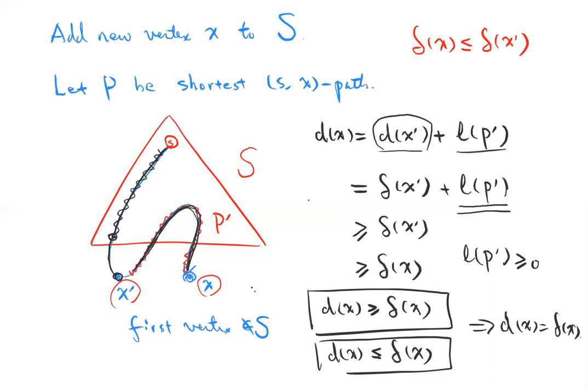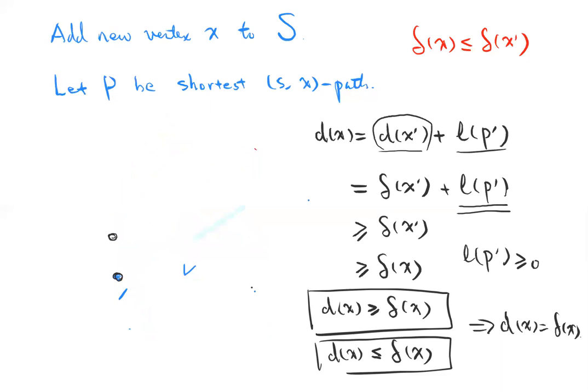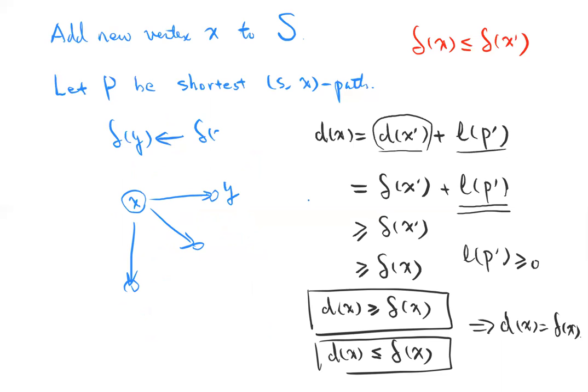All right. Now we can also prove B. B is also easy because of what happens when we add a new vertex and update. For these vertices, say y, delta y is updated to delta x plus xy.